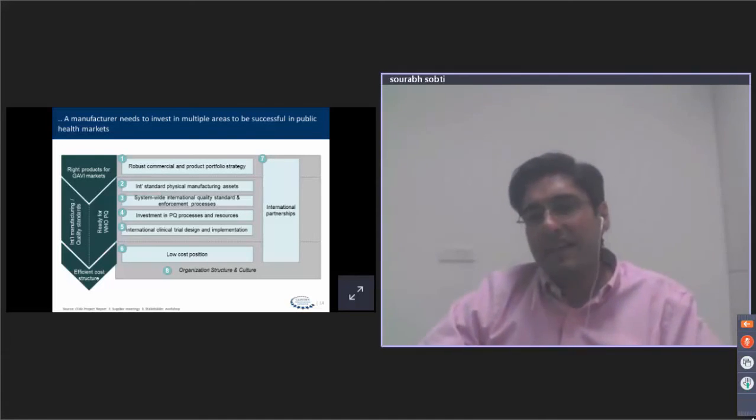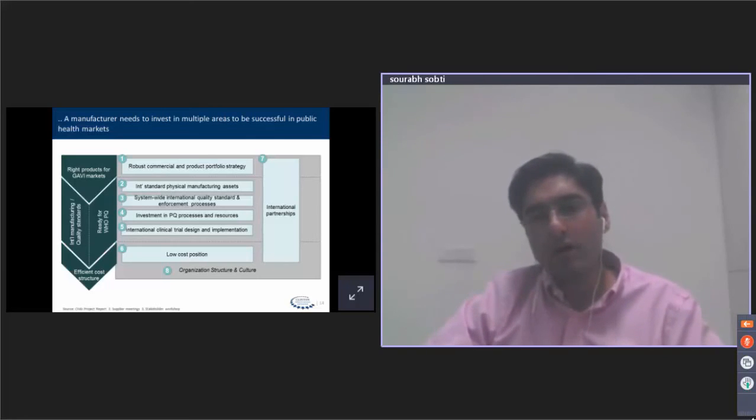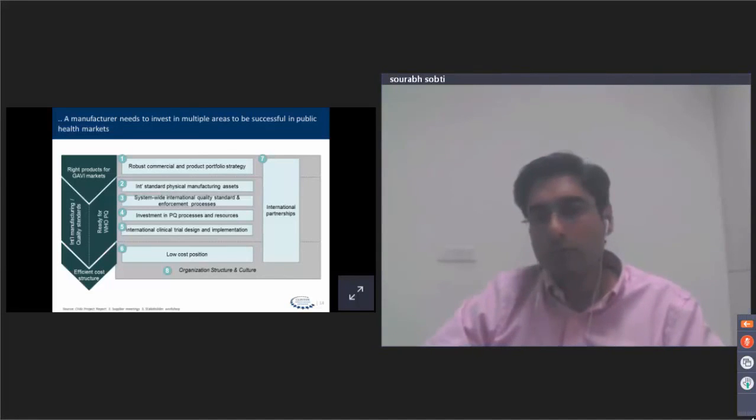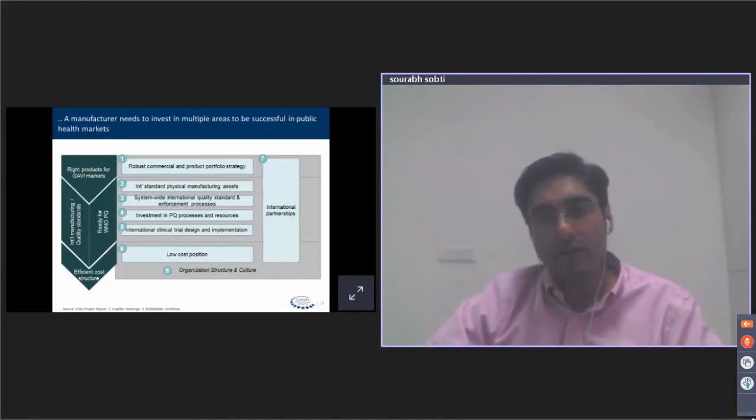So manufacturing capacities are actually very sensitive or confidential information, which suppliers are not open to sharing, and to be honest, should not be discussed in a public forum because they're very sensitive in terms of how the competitive dynamics will come into play and what price and market shaping scenarios will work.